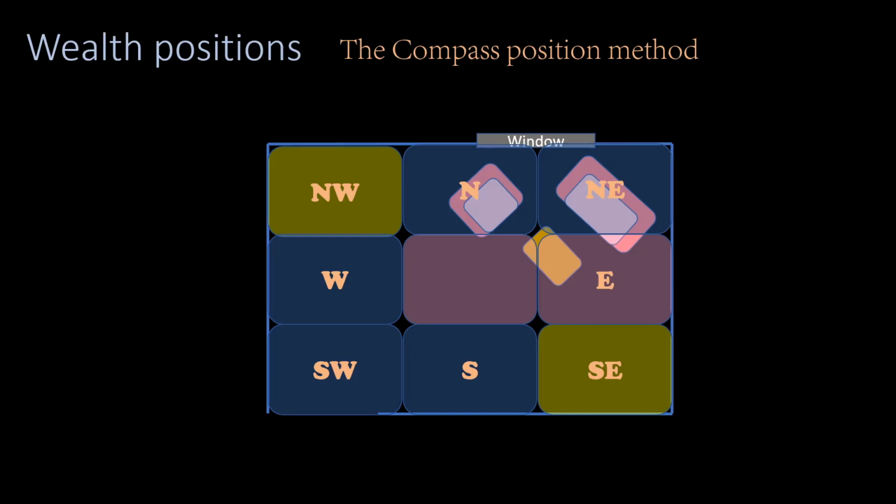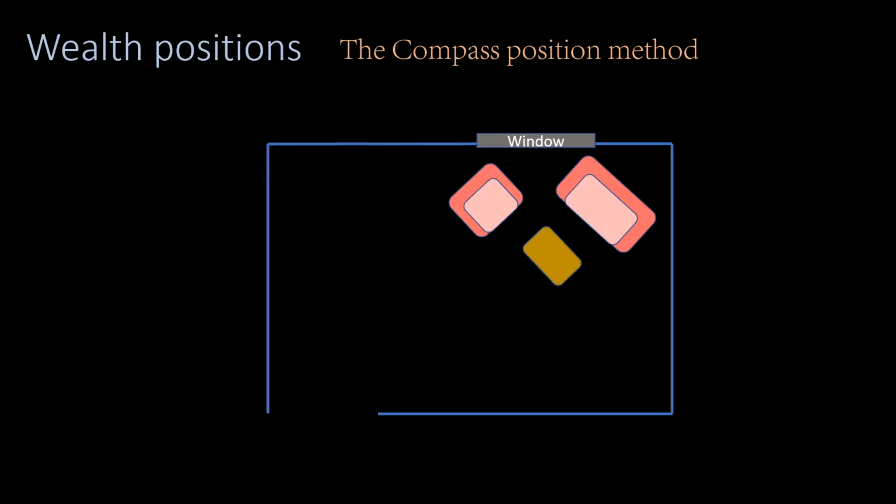So northwest would be in the upper middle, north would be in the right upper grid, and so on and so forth. Okay?